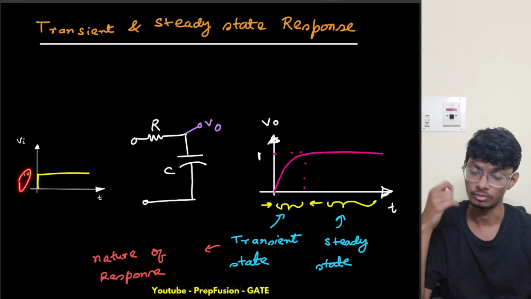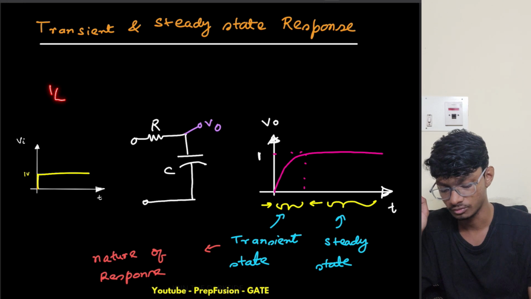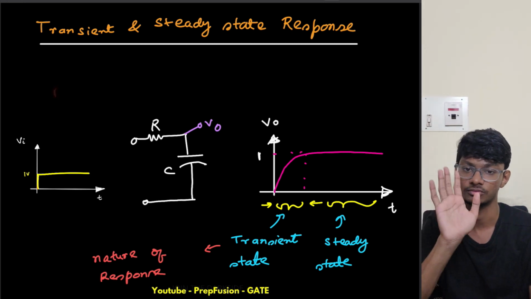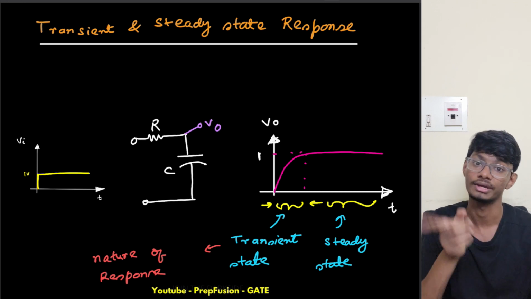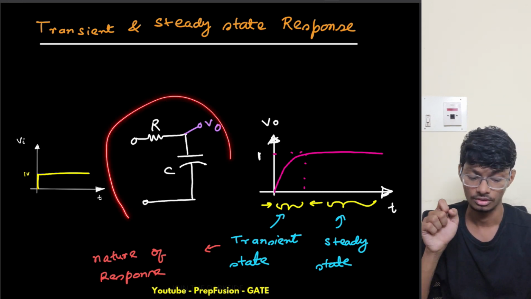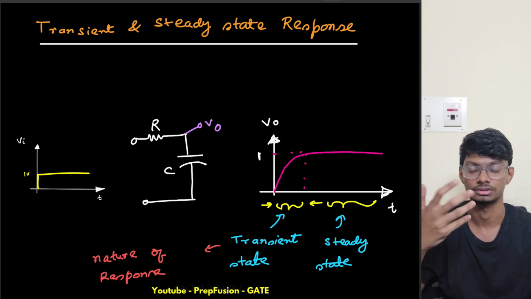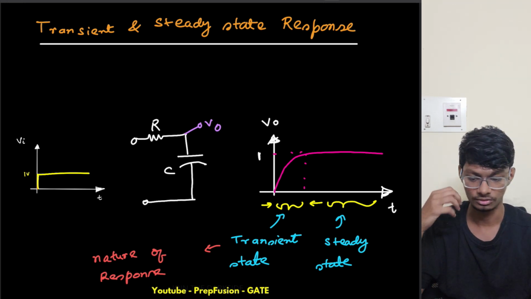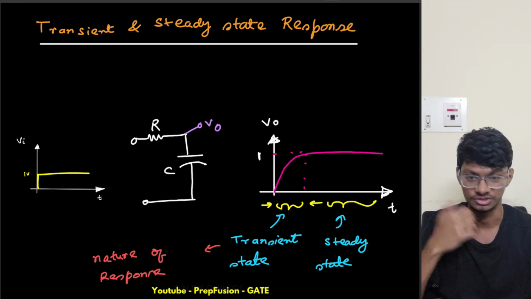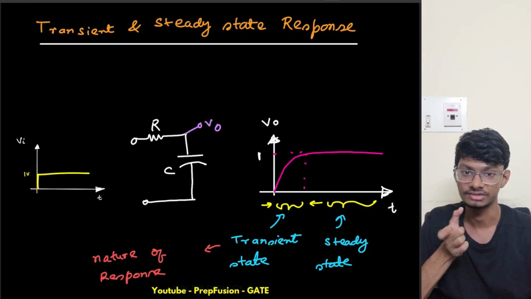And the input can go to some other value also. Let's say my input is 1 and my output is 1 by 2. You might say the steady state is half. No, it may not happen. It depends on the system. So the error is defined from the system, and how we define the error, all those things we will understand later on. I just wanted to warn you a little bit before getting to error, because students get very confused with that.